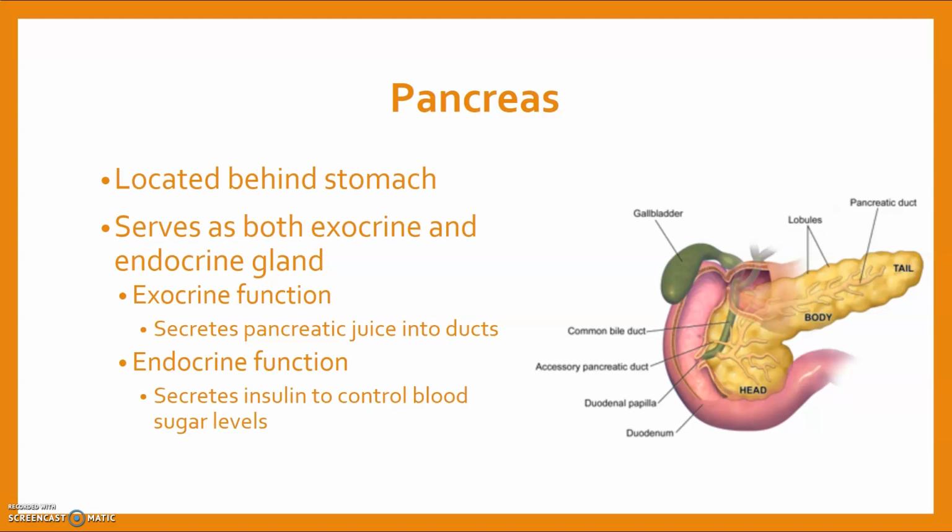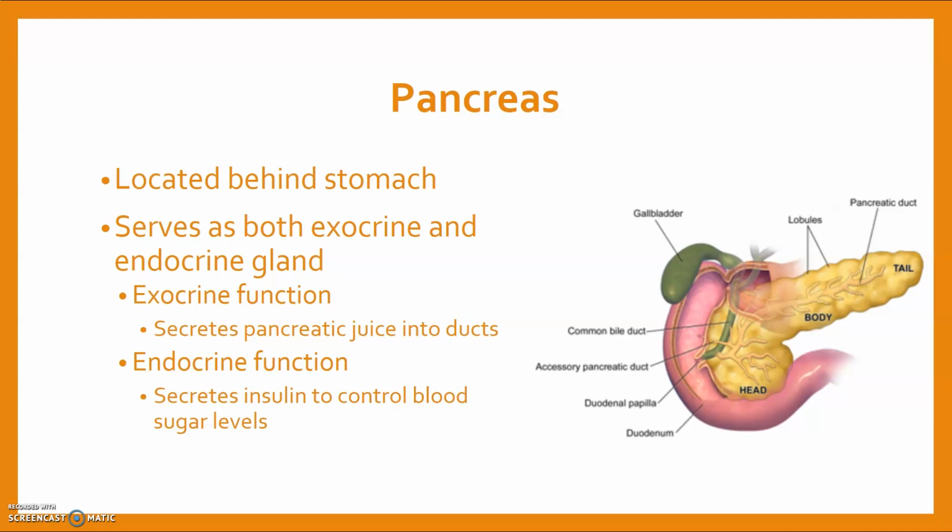The next accessory organ that we are looking at is the pancreas. The pancreas is located behind the stomach, and it has both exocrine and endocrine function, so it serves as both an exocrine and endocrine gland. Exocrine glands mean that the secretions are passed through ducts.